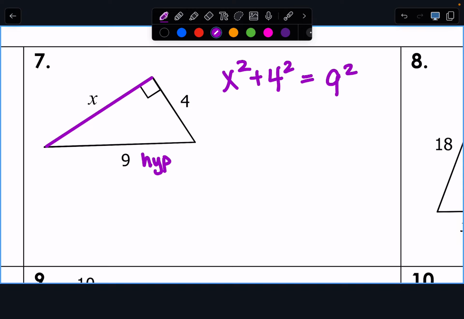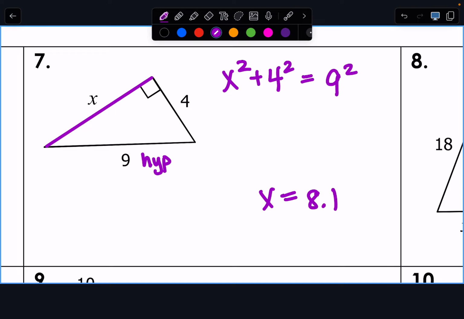Go ahead and use your calculator to figure out what that is. All right, what do we get for x?